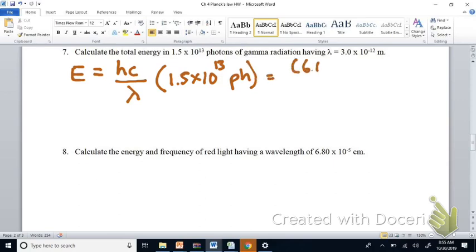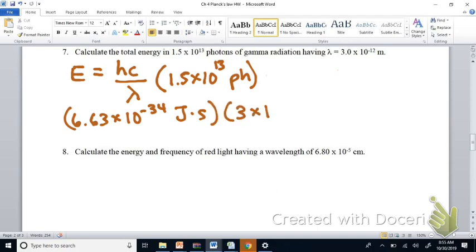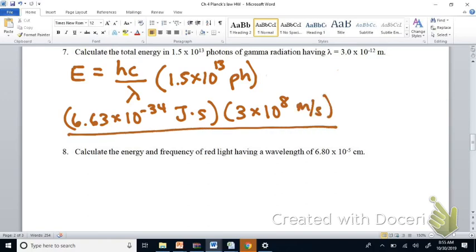So we have 6.63 times 10 to the minus 34 joules times seconds, times 3 times 10 to the 8 meters per second, divided by 3 times 10 to the minus 12 meters.